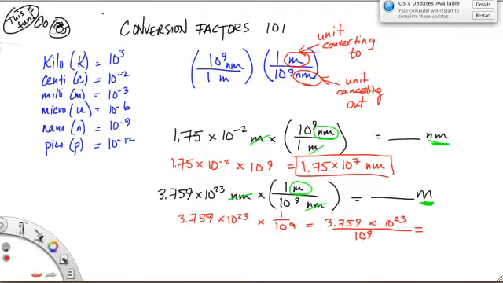So 23 minus 9 is 14. So I end up with 3.759 times 10 to the 14th, and my units are meters. So the big thing to remember is, in our conversion factors, the units we convert to go in the numerator. The units we want to cancel out go in the denominator. Okay?